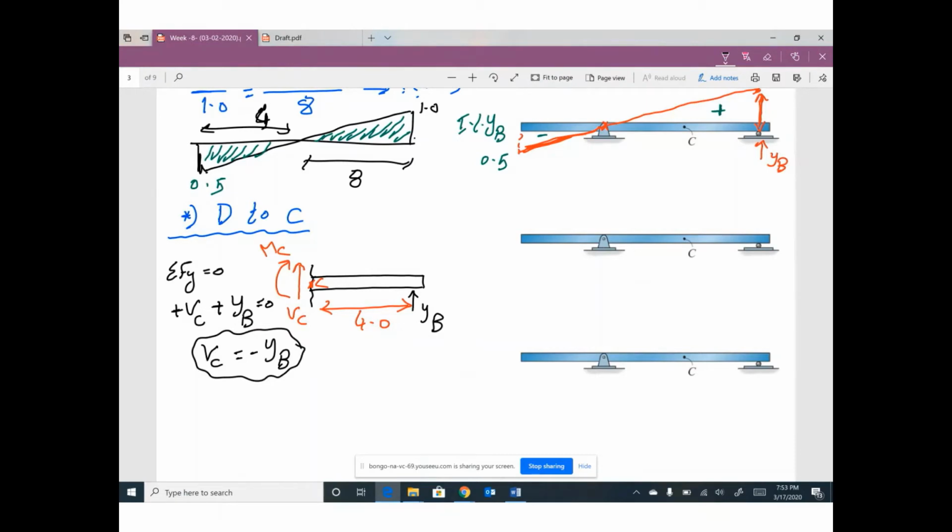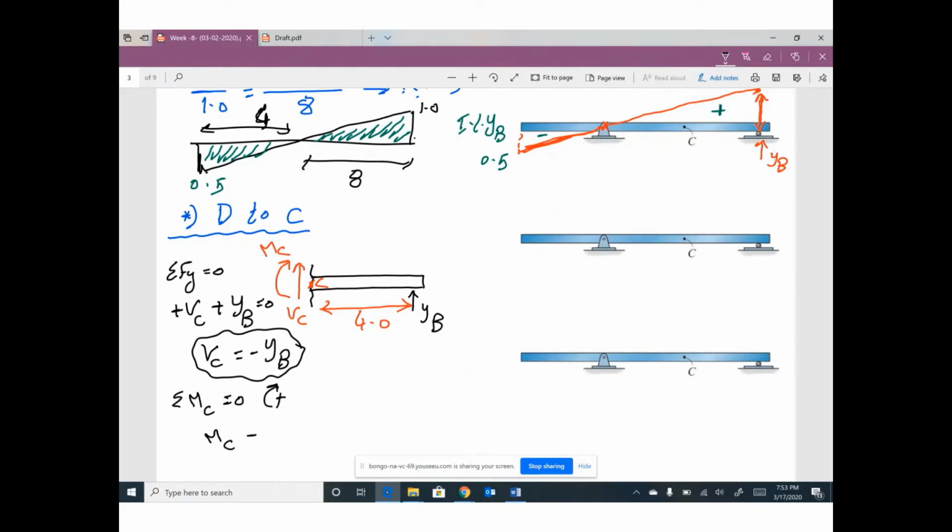And also, for the second equilibrium equation, I can take moment at C equals 0 and assume this direction is positive. If you take moment at C, I will cancel VC because I don't have distance, but we still have moment at C, positive in the same direction as your assumption.